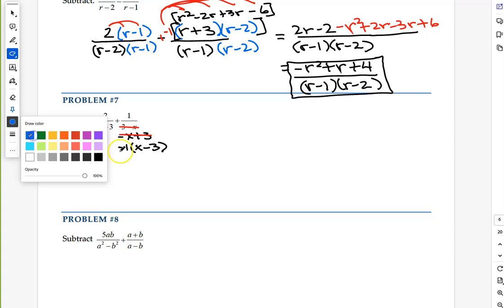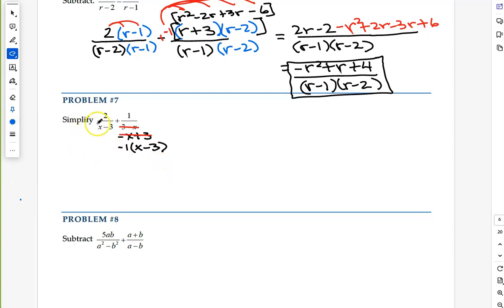The negative 1. Yeah, so I need to multiply the denominator here by negative 1, so that means I need to also multiply the top by negative 1. Okay. So when I do that, I'll have 2 times negative 1 is negative 2 plus 1. And then on the bottom, my common denominator that I found was negative 1 times x minus 3.